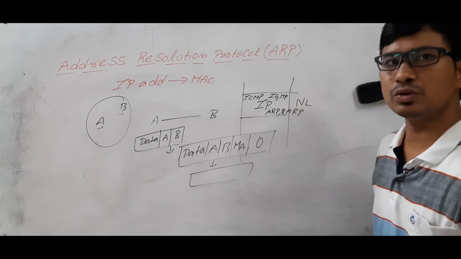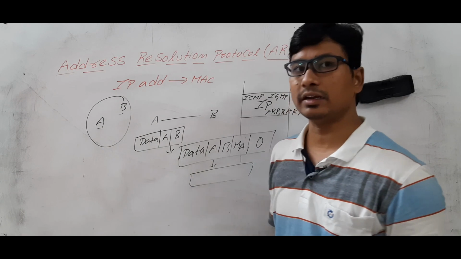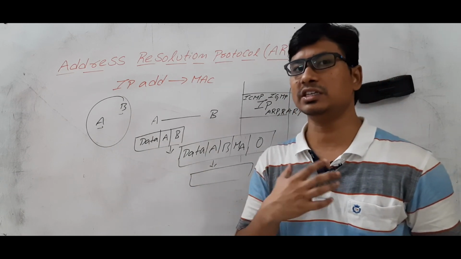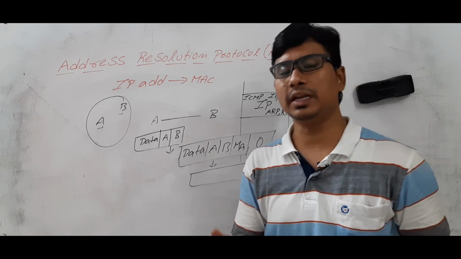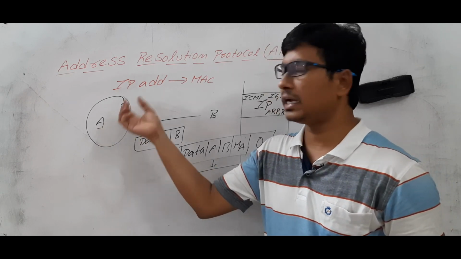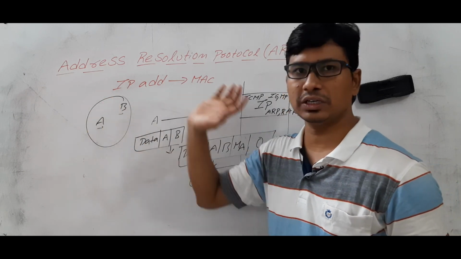Now what will the source do? I don't know the destination MAC address, but I know the destination IP address. Am I right or wrong? It's simply like this: let's take a class where 60 students are there.